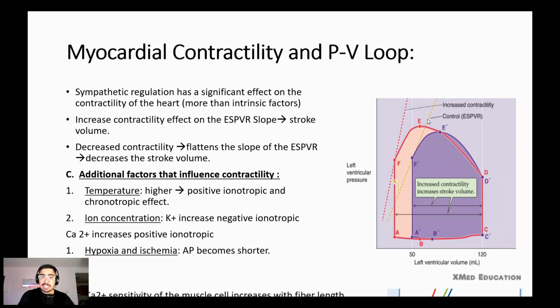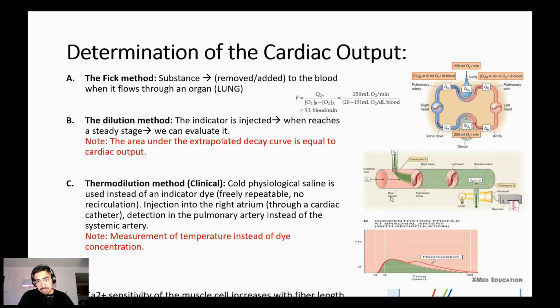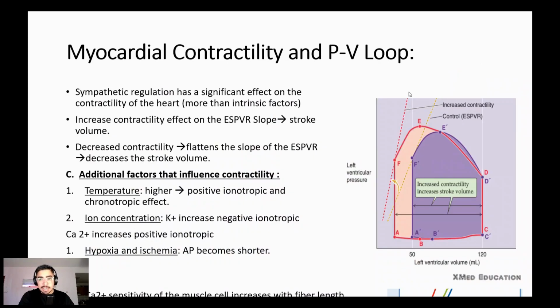The other thing is that because the preload is the same, they pump more blood, but there is no more than normal blood inside the ventricle, so the end systolic volume will be less. And the important factor is that when contractility is affected by the sympathetic and parasympathetic nervous system or any drugs, the slope will change and it will be faster.